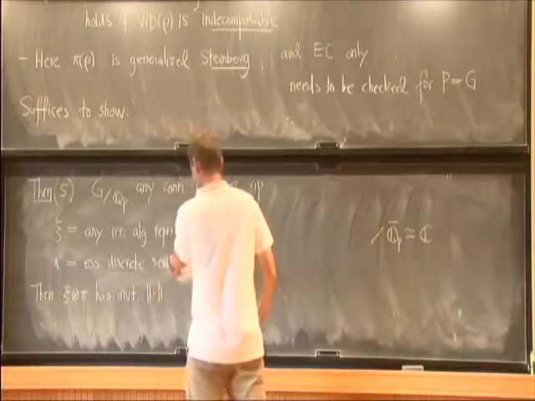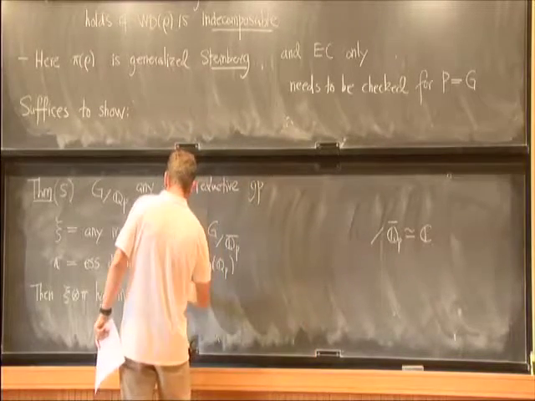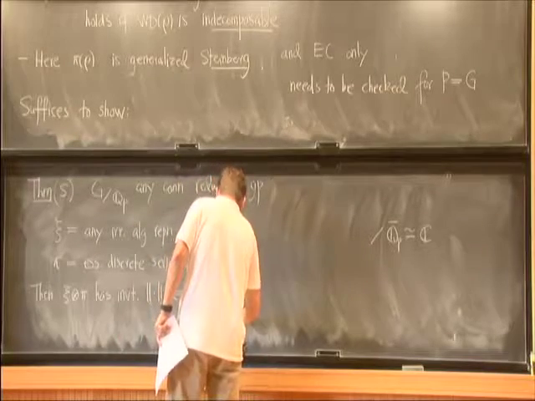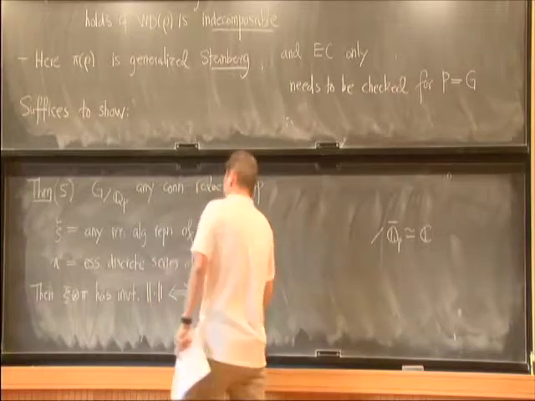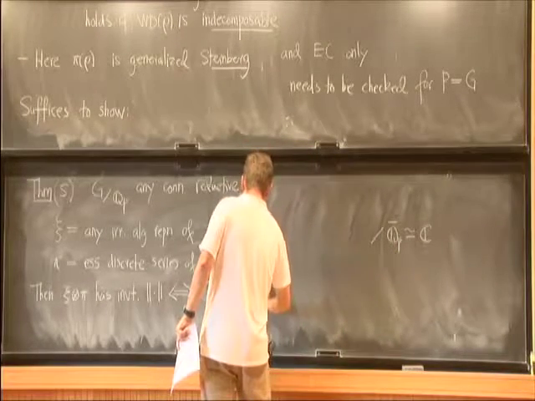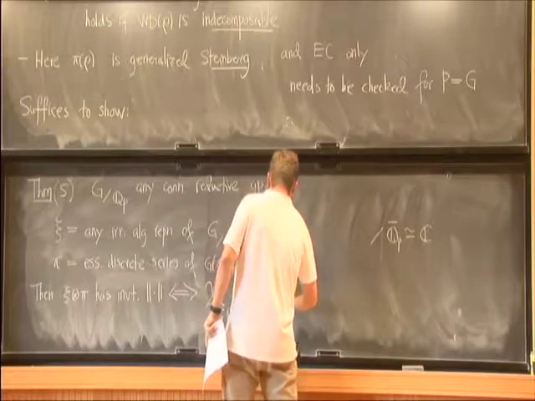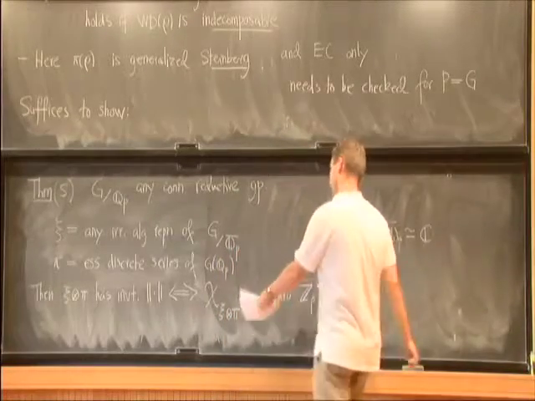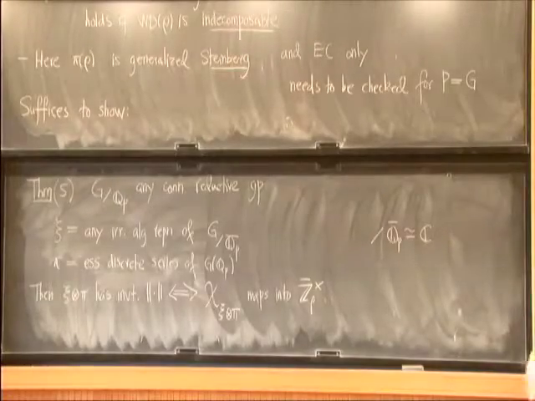Invariant under G of Q_p, if and only if the central character is unitary. Right? Obviously necessary, right?